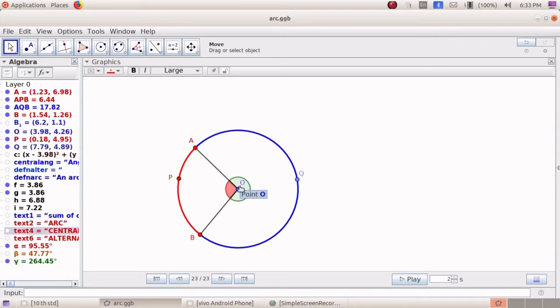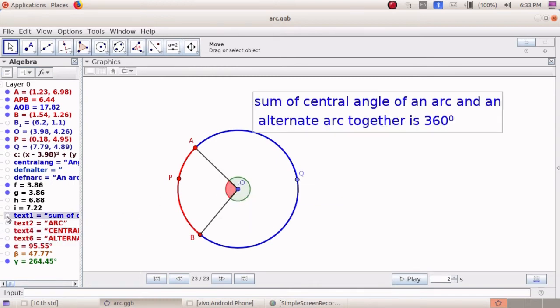Therefore, their sum is 360 degrees. Write down this one. Draw such a figure, mark these two angles, and then write down this explanation there. This result: the sum of the central angle of an arc and its alternate arc together is 360 degrees. Okay, now let us go to the next.